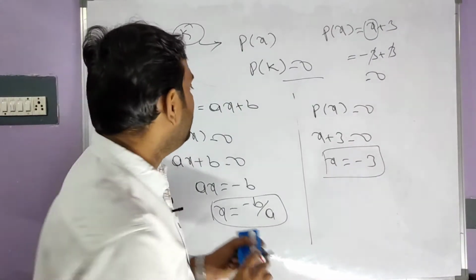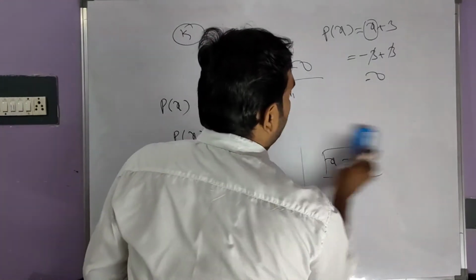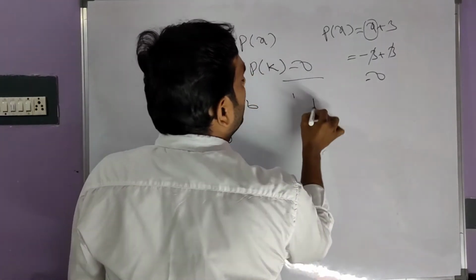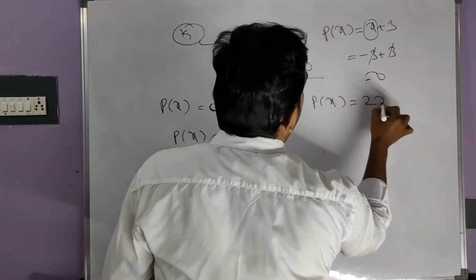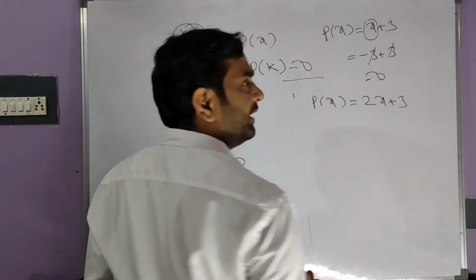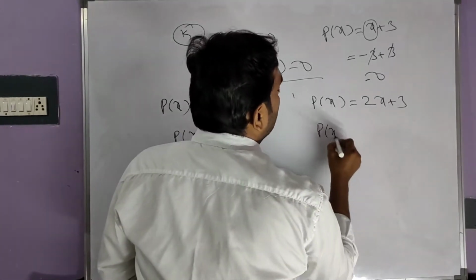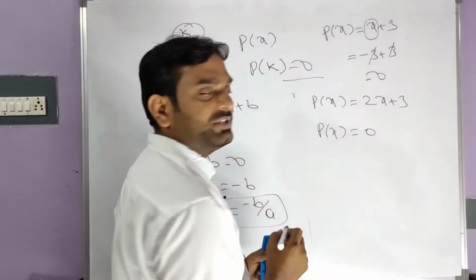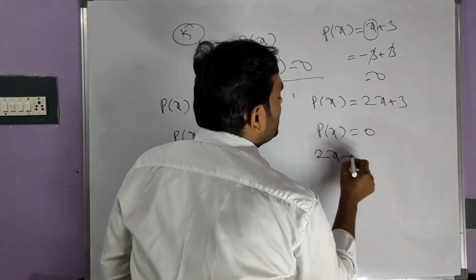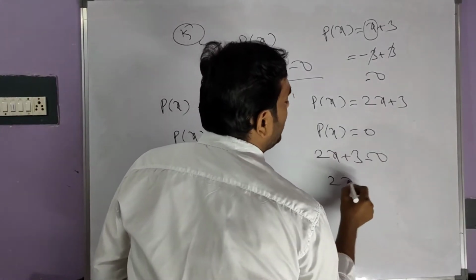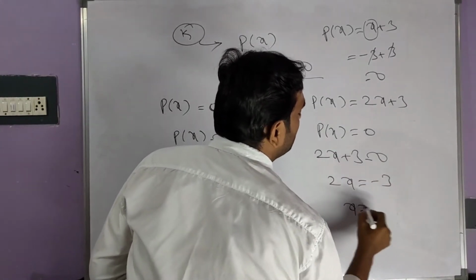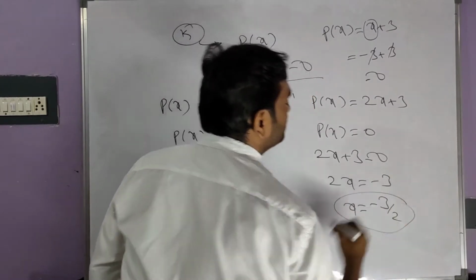If you are given p of x equal to 2x plus 3, find the zero of the given polynomial. Then make this polynomial equal to 0. 2x plus 3 equal to 0, 2x equal to minus 3, x equal to minus 3 by 2.